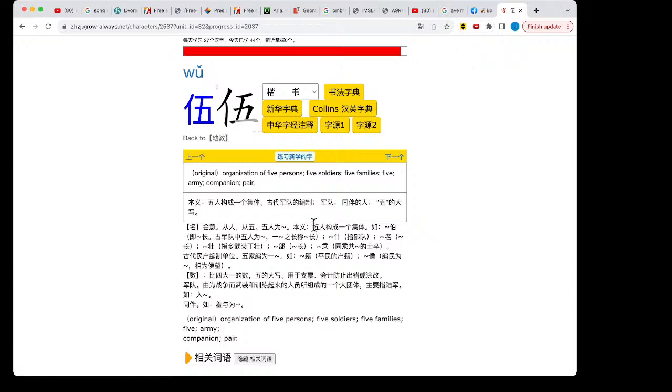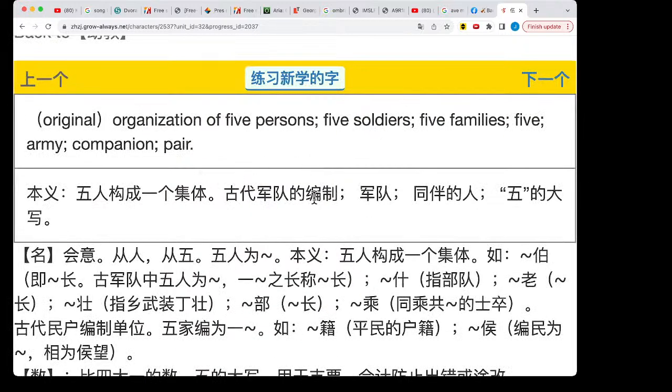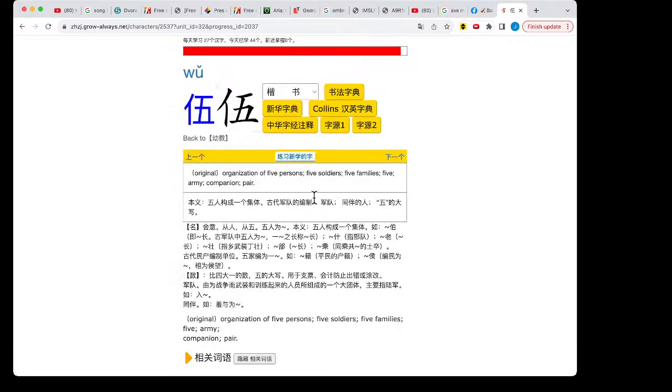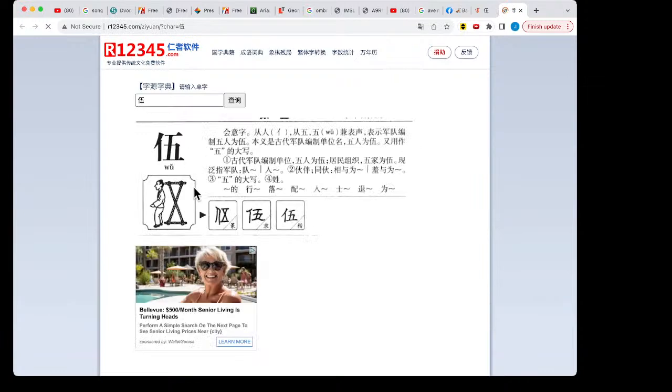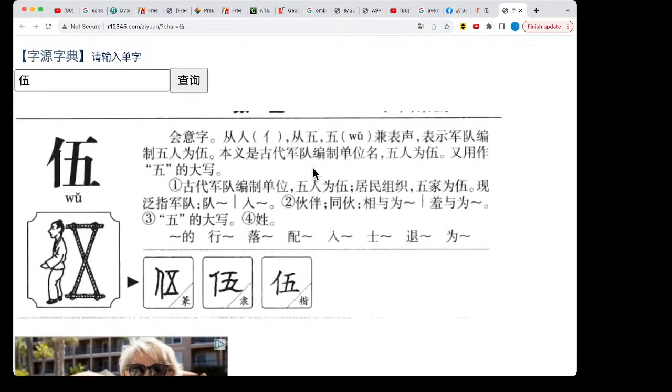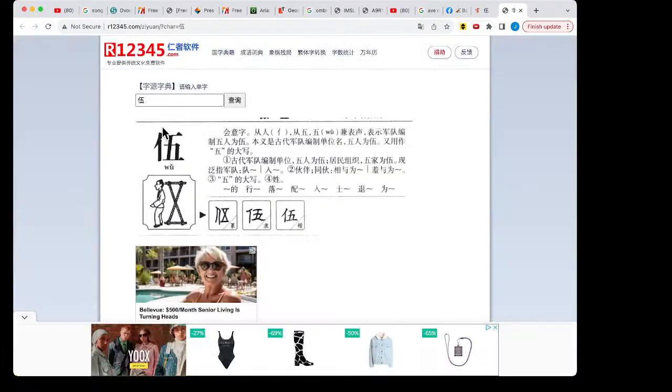And this is also the character we use when you write 5 on a check. So this one is very easy. Basically this is related to people. There's a person on the side, and then there's a character called 五.